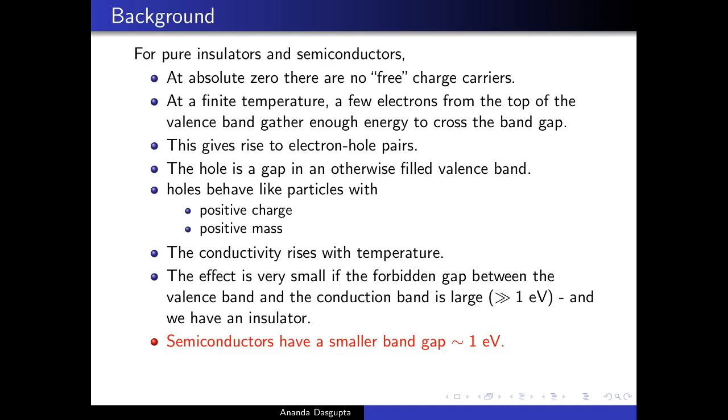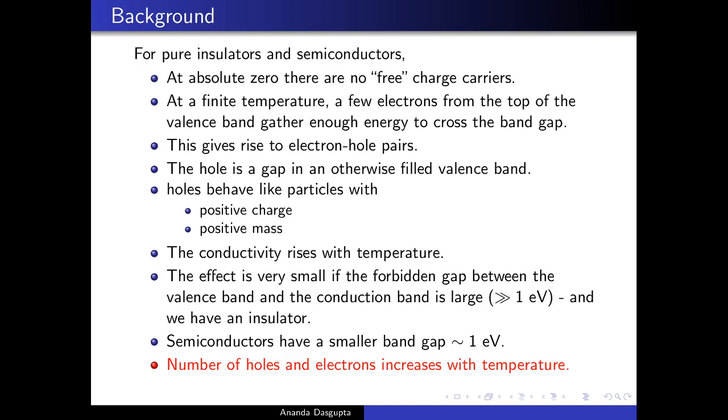And this conductivity, which has this startling feature of increasing with temperature in contrast with a conductor, is what characterizes the sample as a semiconductor. So an insulator has a large band gap. A much smaller band gap is what gives rise to a semiconductor.